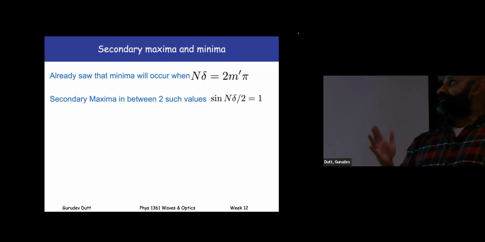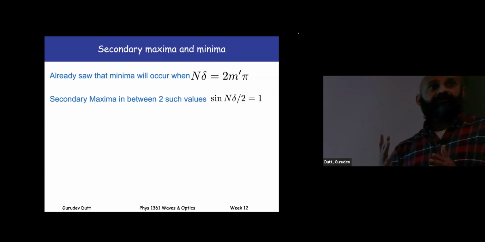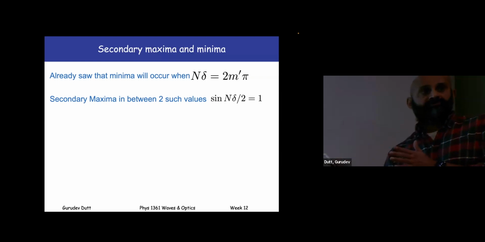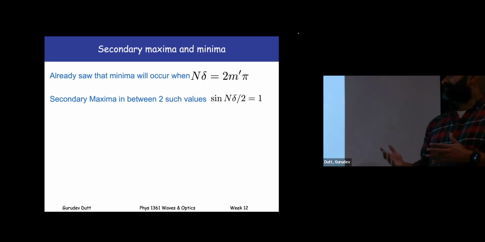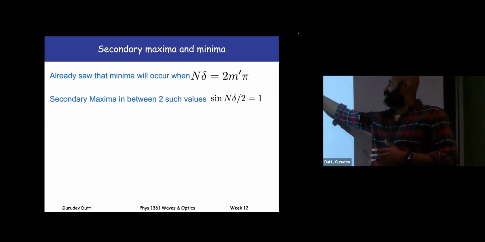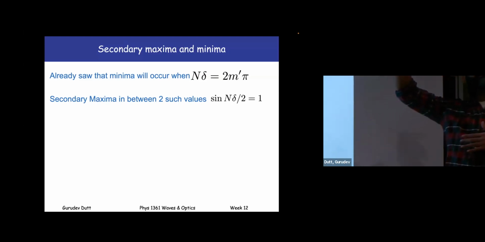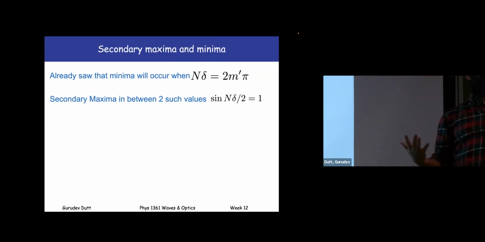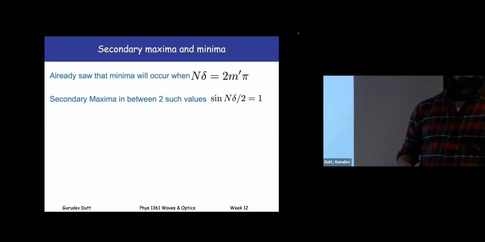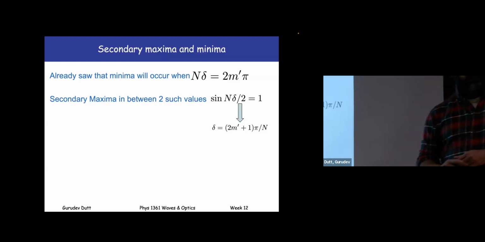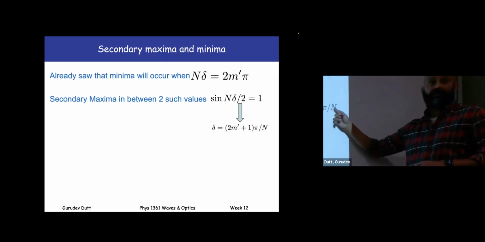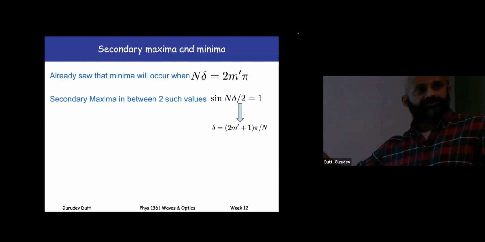Okay, so it's in between a value where n delta equals 2m prime pi and 2m prime plus 1 pi, and it's such that the numerator is 1, but the denominator is slowly varying, so it doesn't go to 0. So that's going to give me 2m prime plus 1 pi over n. This is the position of all the secondary maxima.